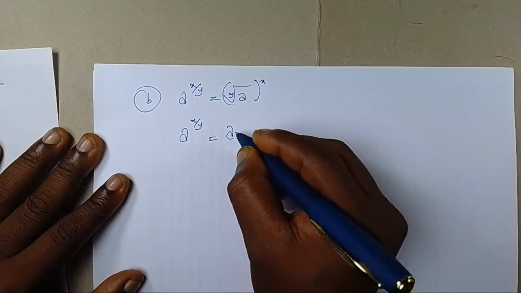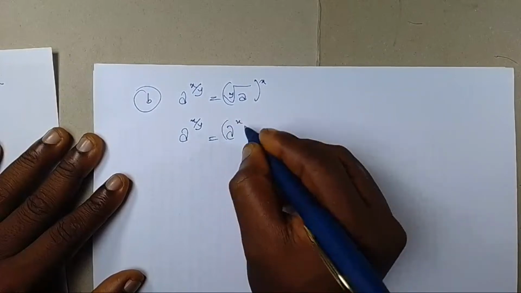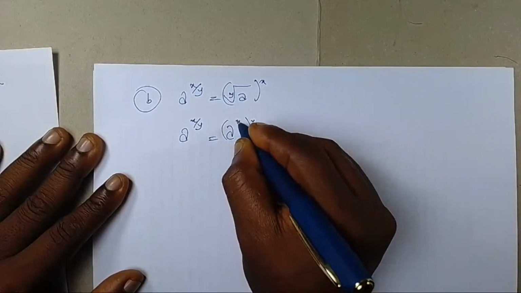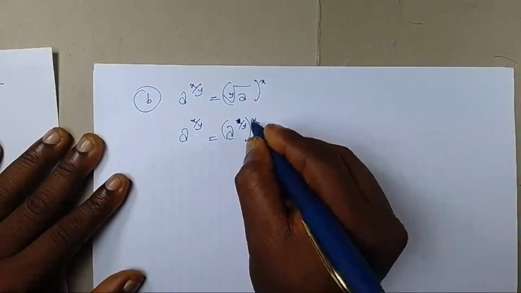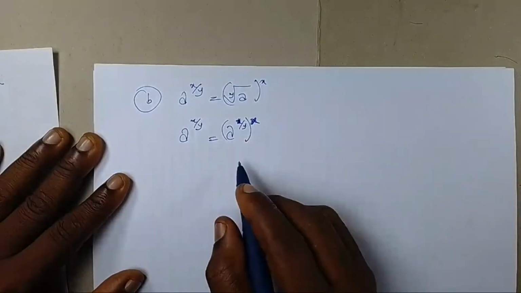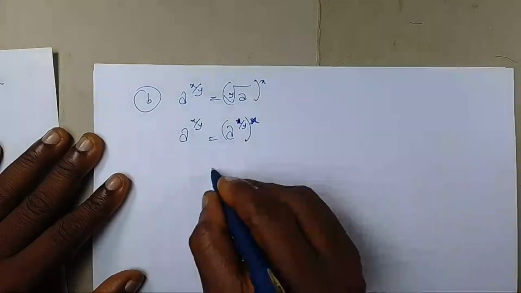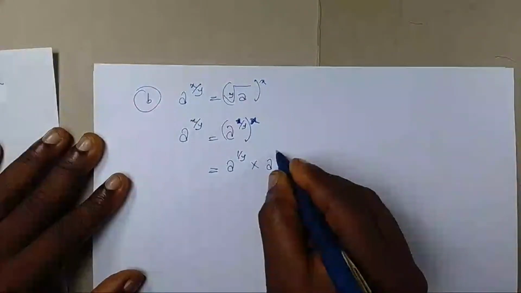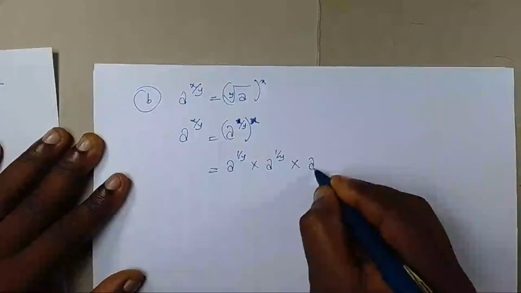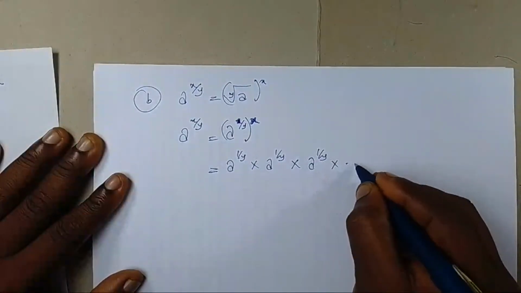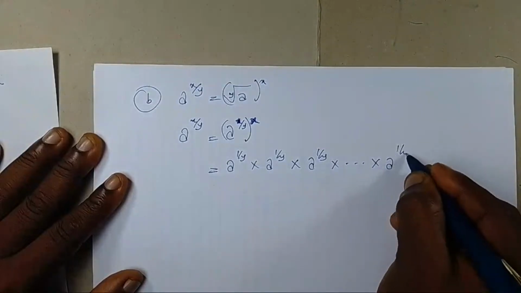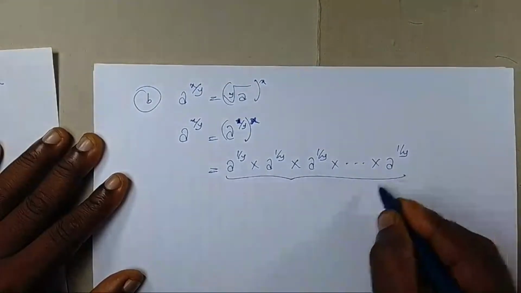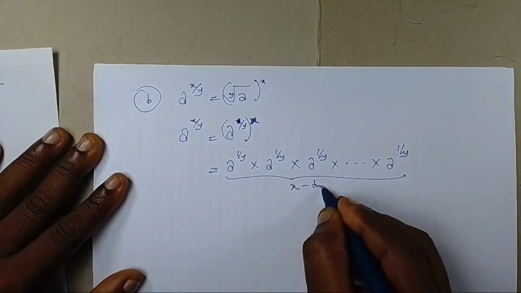So I'm going to use the law of powers to separate this into this. This is what I'm going to do. So I've used the law of powers to separate that, and I'm going to say a raised to the power 1 over y times a raised to the power 1 over y times a raised to the power 1 over y times ellipsis times a raised to the power 1 over y multiplied by itself x times.